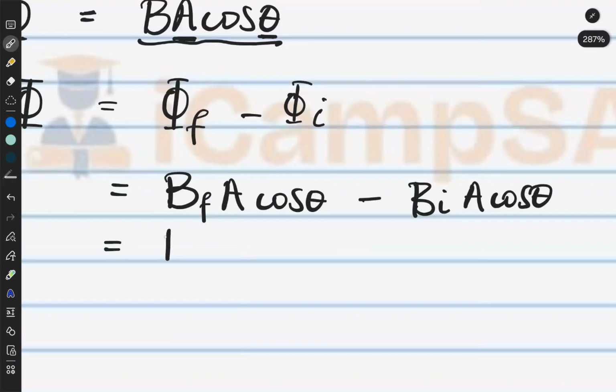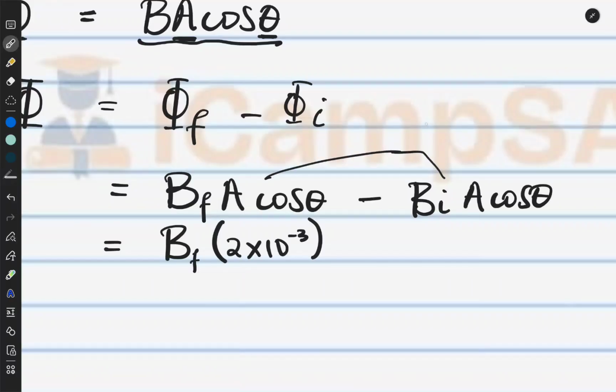BF is what we're looking for. A, we are told, is 2 times 10 to the power minus 3. So if you check here, you could have done it mathematically and said, well, I can factor out A cos theta. Therefore, I would have BF minus BI times A cos theta. It's fine.